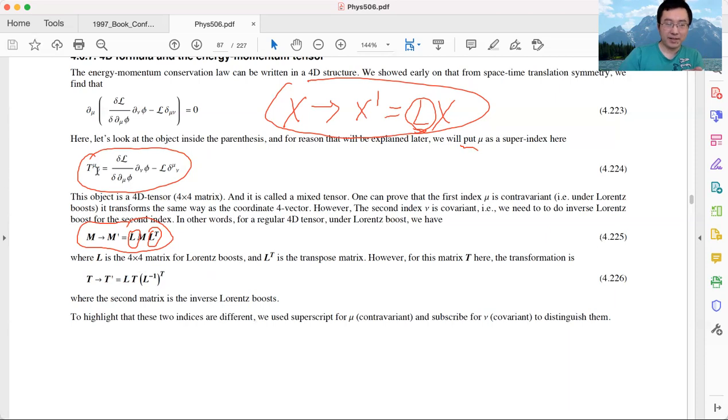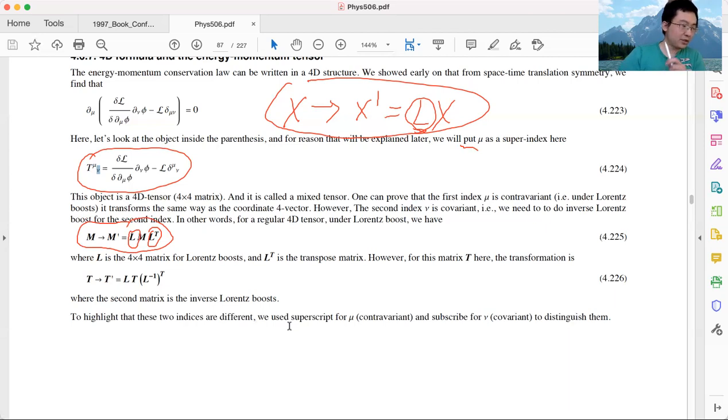But the second index nu is a covariant index, and we know a covariant index follows the inverse Lorentz boost. That's why we have the inverse Lorentz boost on the other side of the equation. So the bottom line is, this T matrix is kind of like a tensor, but not quite. One of the indices, mu, follows the correct tensor behavior, but the other index follows the inverse Lorentz boost instead of Lorentz boost.